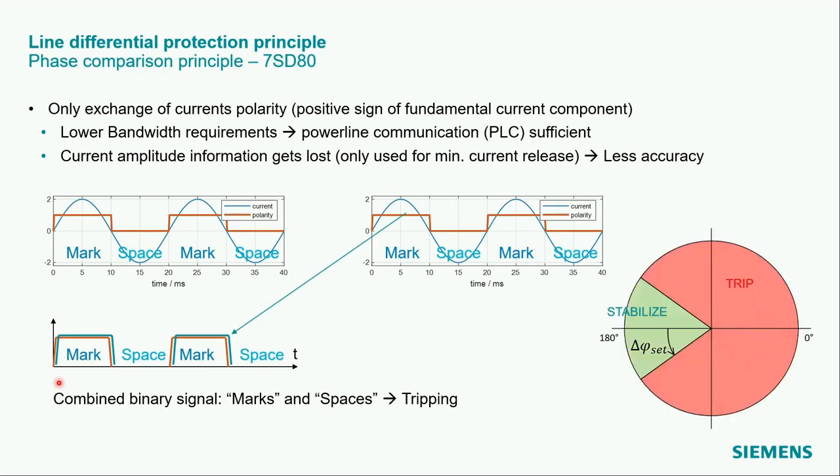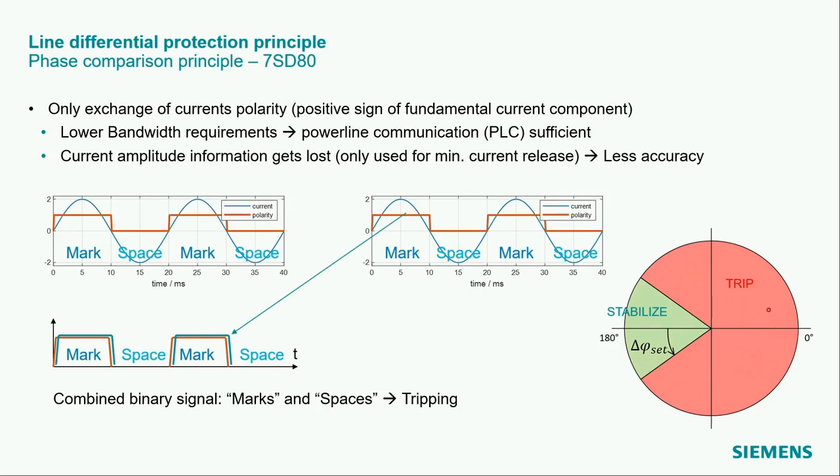If we plot the operating characteristic of the phase comparison relay with regards to the differential phase angle, we get the following two-sector diagram on the right-hand side. If the phase difference is about 180 degrees, the relay will stabilize. The tolerance angle, which is shown here with phi z, can be expressed also by a setting or by a counter.